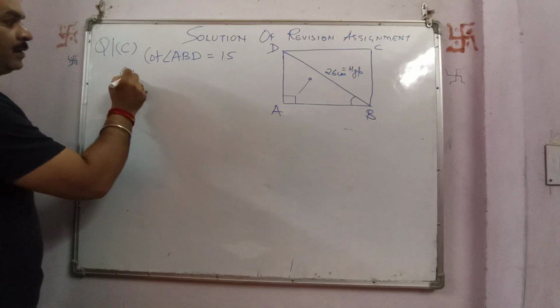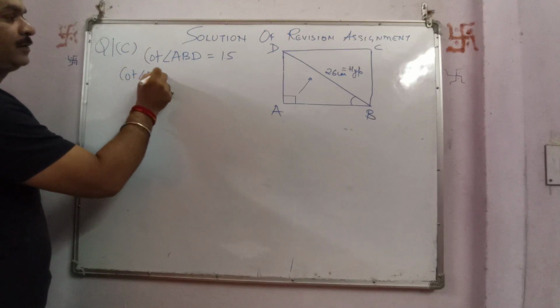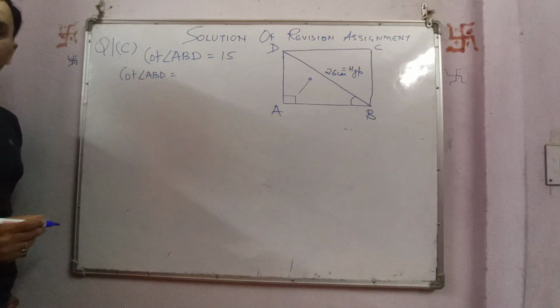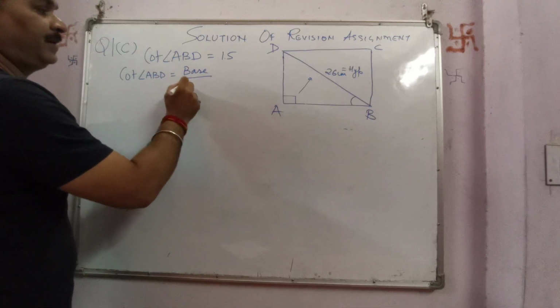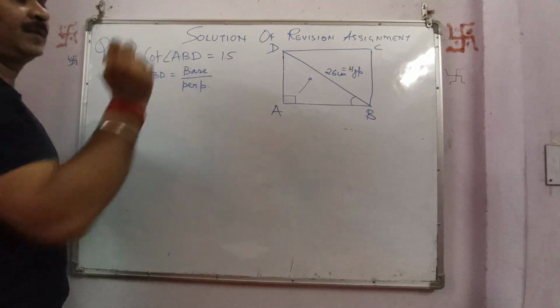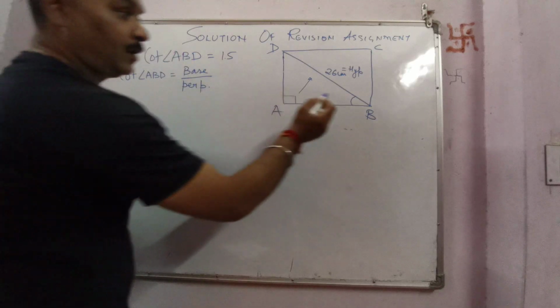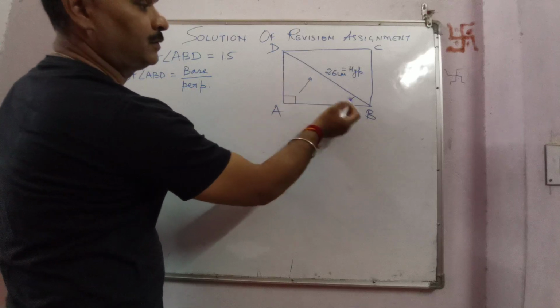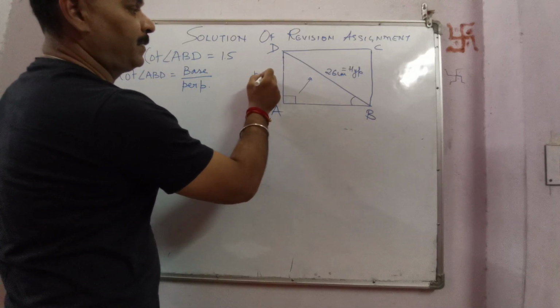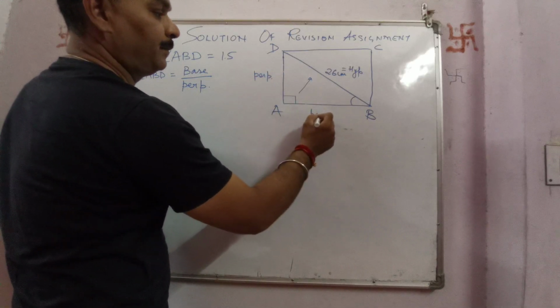Now from our knowledge we know that the cot of angle is base upon perpendicular. It is the reciprocal of tan. Now we are considering this angle, so the side opposite to the angle is perpendicular. This will be base.